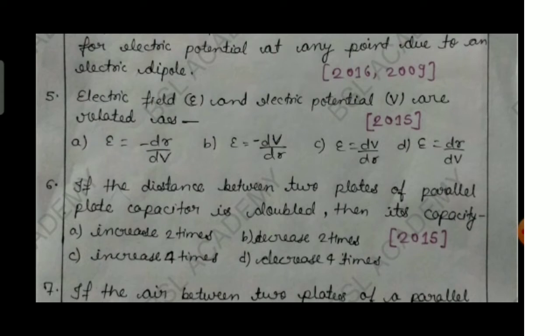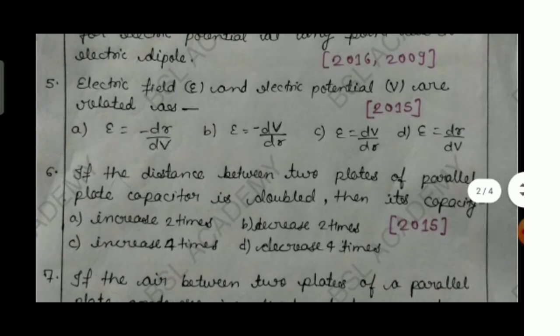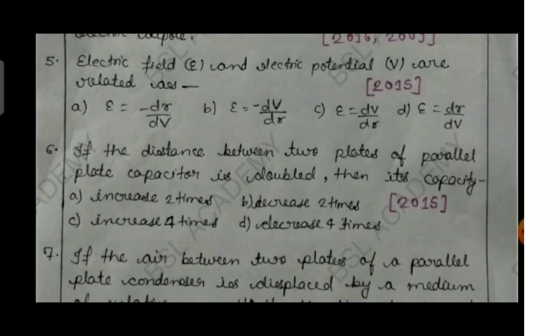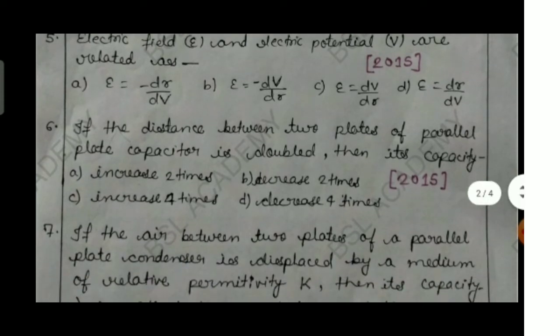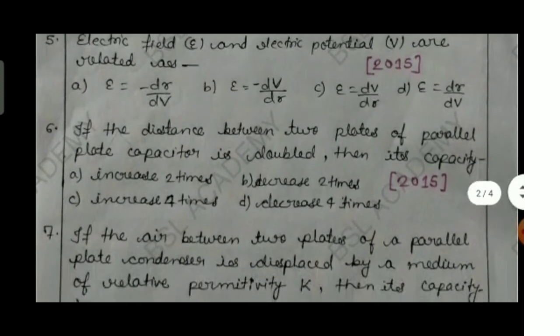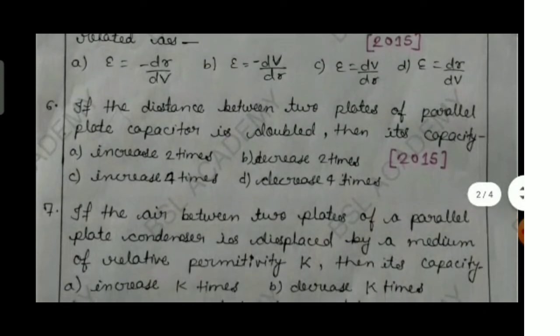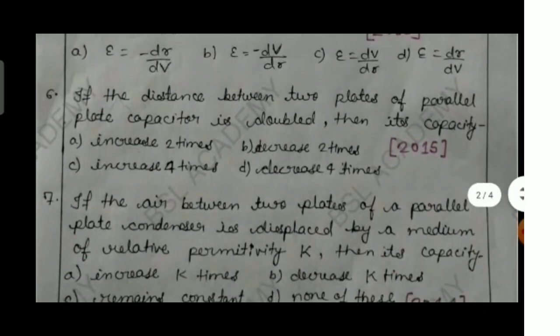Here your options: option A, E equals minus dr by dV; B, E equals minus dV by dr; C, E equals dV by dr; and the last one, D, E equals dr by dV. So answer it.